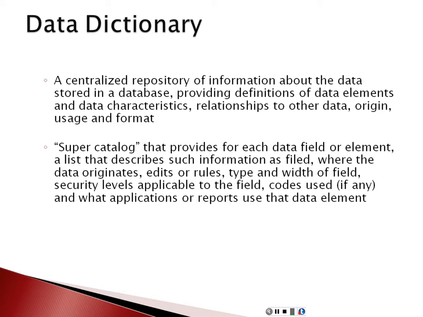Another example, what if you had a data element or a field that was for the patient's sex? It could be codified to say that it's, for example, a numeric field, and you're thinking, well, why would sex be a numeric field? Because you can put in 1 for male and 2 for female.